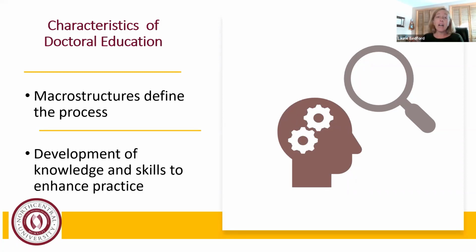So first of all, we need to look at those macrostructures that define the process of doctoral education. And one of the things that strikes me, and if this is new vocabulary to you, you might find it funny too. At NCU, students develop simple traditional dissertations.